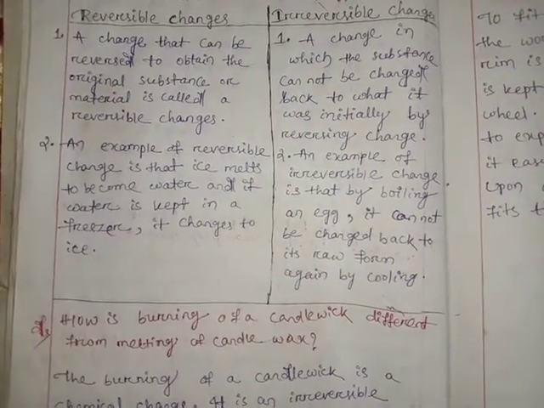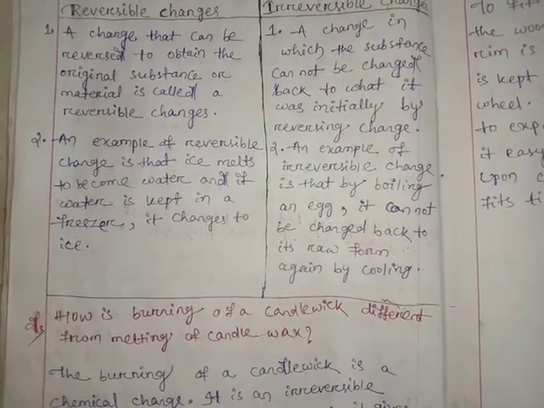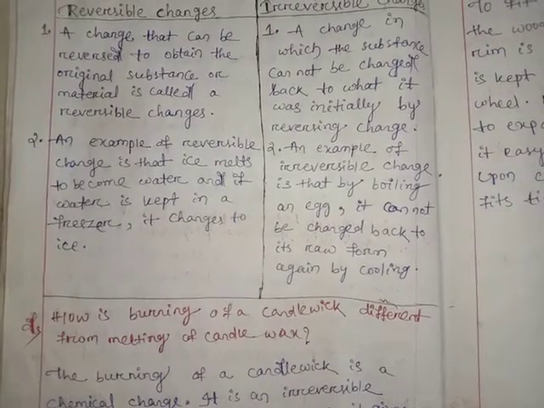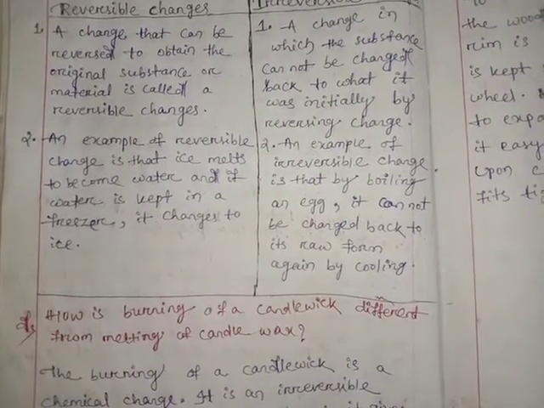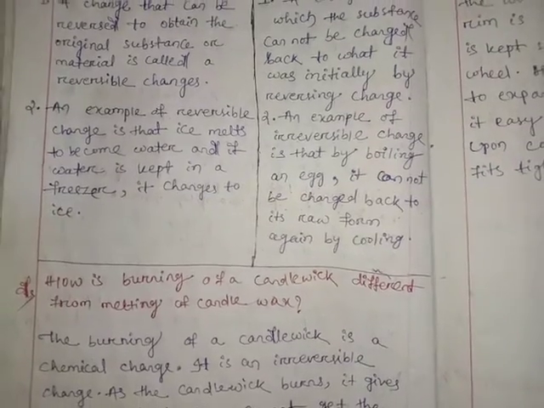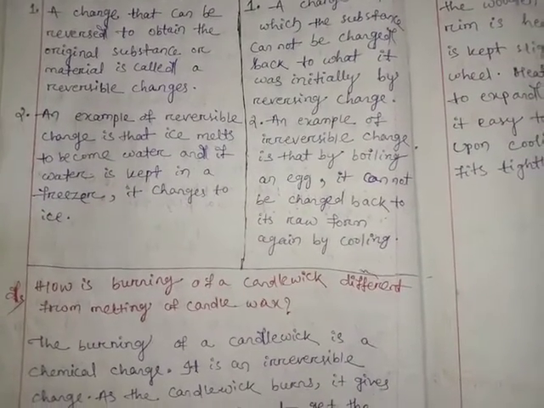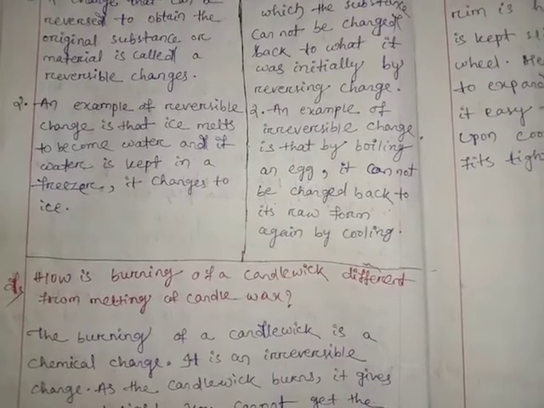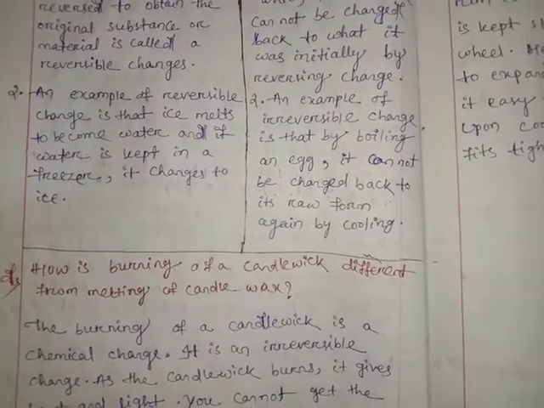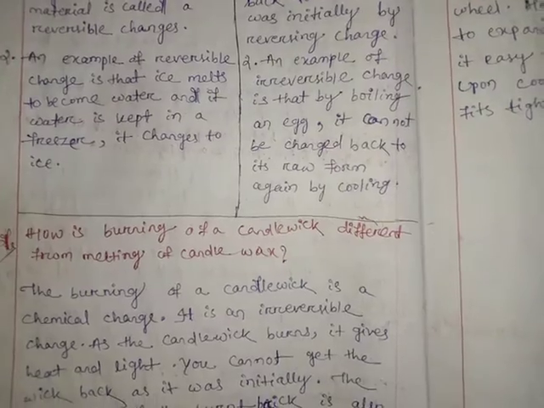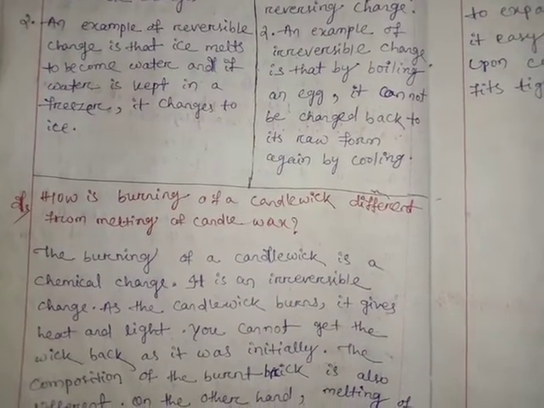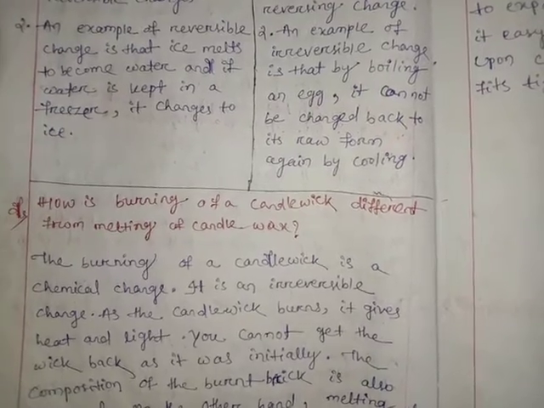An example of reversible change is that ice melts to become water, and if water is kept in a freezer, it changes to ice. An example of irreversible change is that a boiled egg cannot be changed back to its raw form again by cooling.